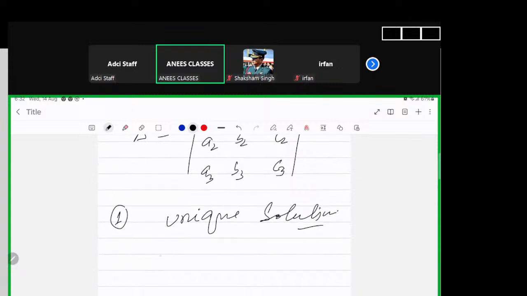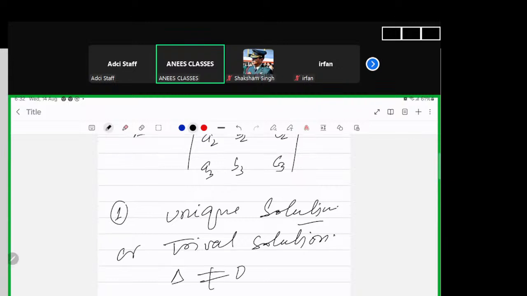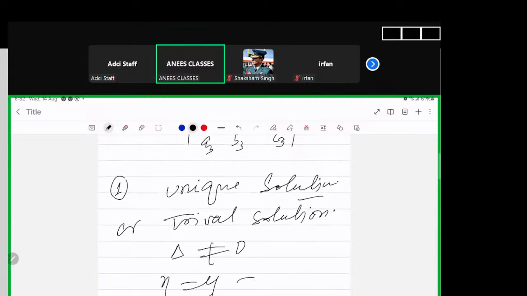Now, first case, unique solution. This is called trivial solution. What do you mean by trivial? Sir, which has no importance. Unique solution means trivial solution. When you get delta not equal to 0, that means all parameters will be 0.